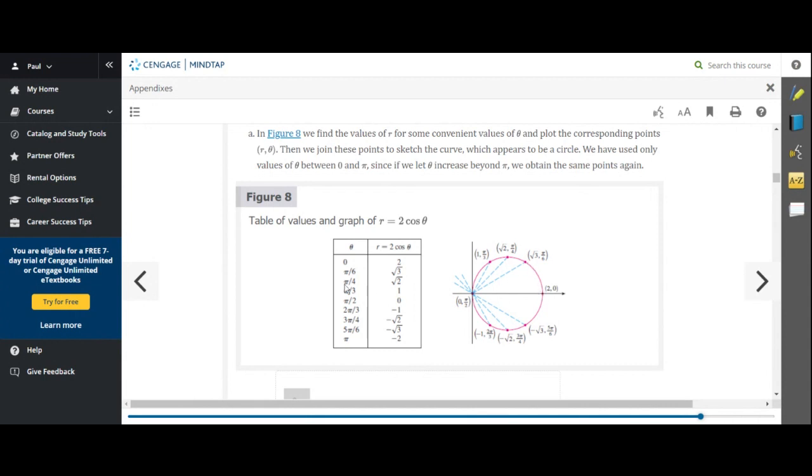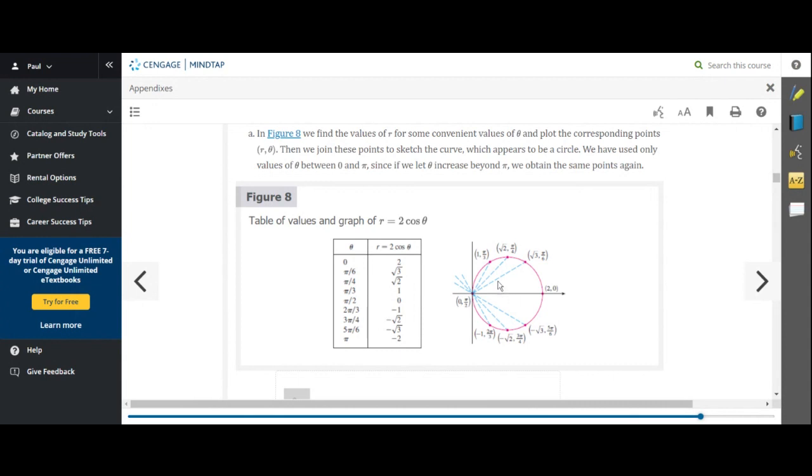And then pi over 4, that's the third angle they picked. Pi over 4 is 45 degrees. Well, the cosine of 45 degrees is √2/2. So r is equal then to 2 times √2/2, and that's √2. So the next point they plot has polar coordinate √2, pi over 4.